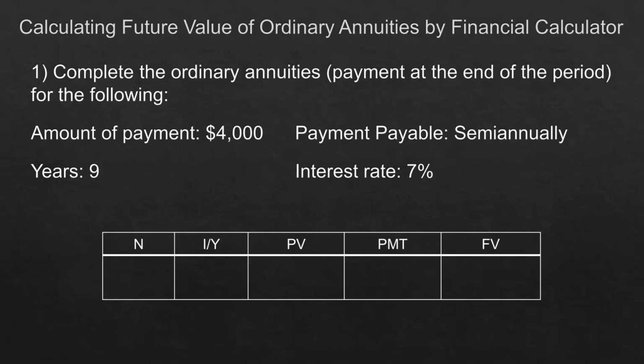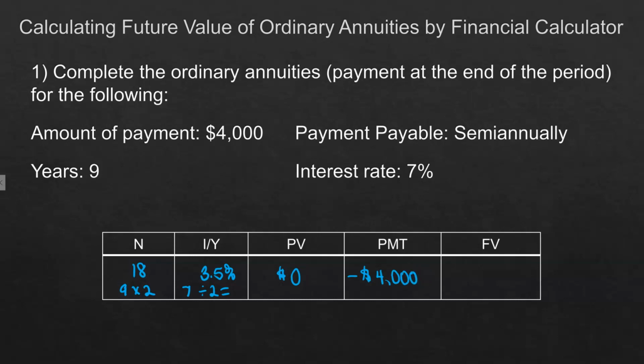For 9 years, semi-annual is 9 times 2, so 18 periods. The interest rate is 7%, and we divide that by 2, so it will be 3.5%. Remember, we just put that in as 3.5; your calculator knows that it is in percent form. There is no present value, but we are making a payment of $4,000.